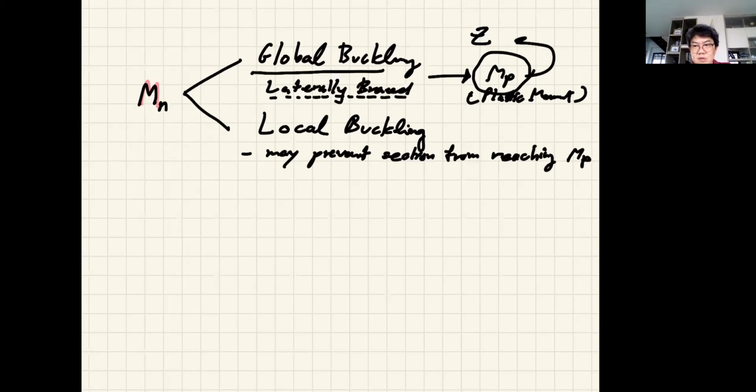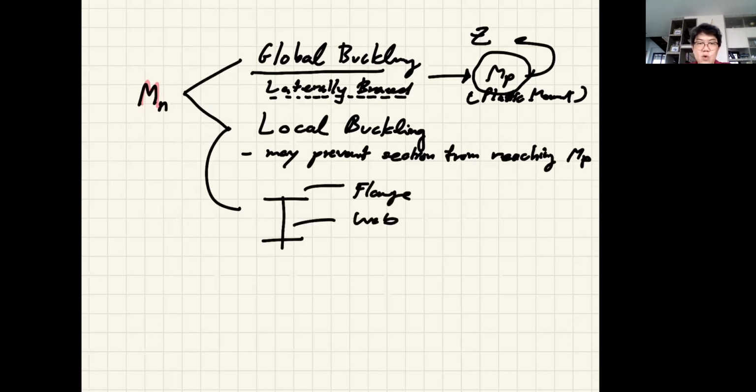However, to guarantee that your beam will be able to reach MP, you need to make sure that both your flange and your web will be strong enough so that your beam can reach MP without the problem of local buckling as well.